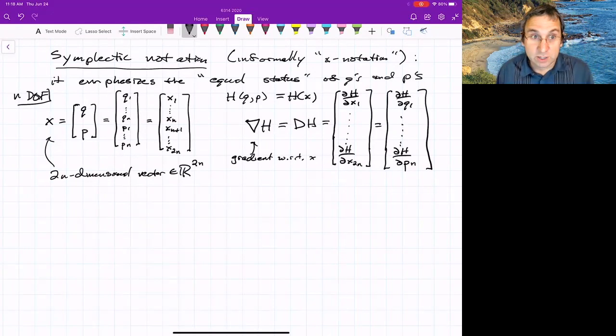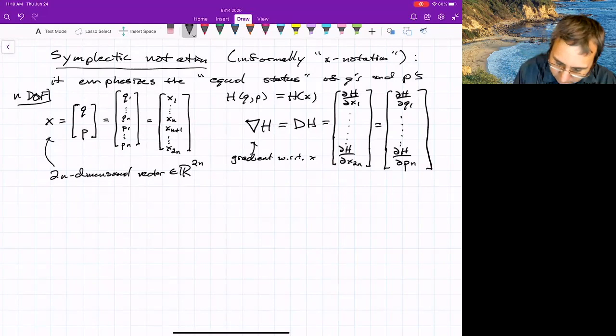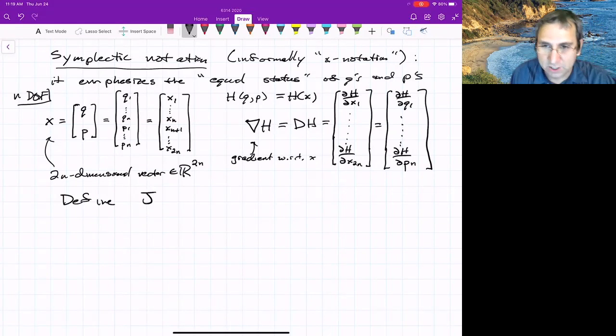Now, why do we want to do this? It's because it allows us to write Hamilton's equations in a really compact and nice way. We first define this matrix J. And now we're thinking of the n degree of freedom case. So this will be mostly zeros and then a few ones.